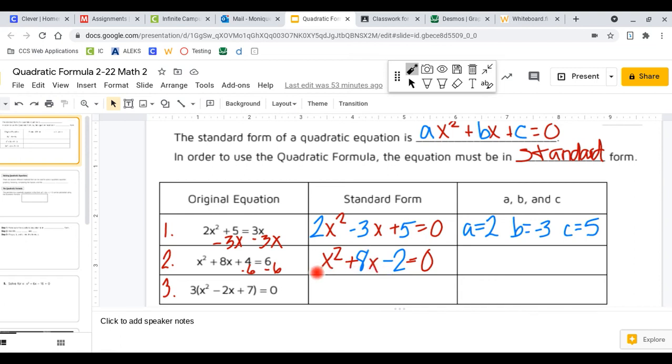Since I do have one x squared term here, the coefficient would be 1. So A is equal to 1. B, what's next to x, is 8. And C, the constant with no variable, is negative 2.